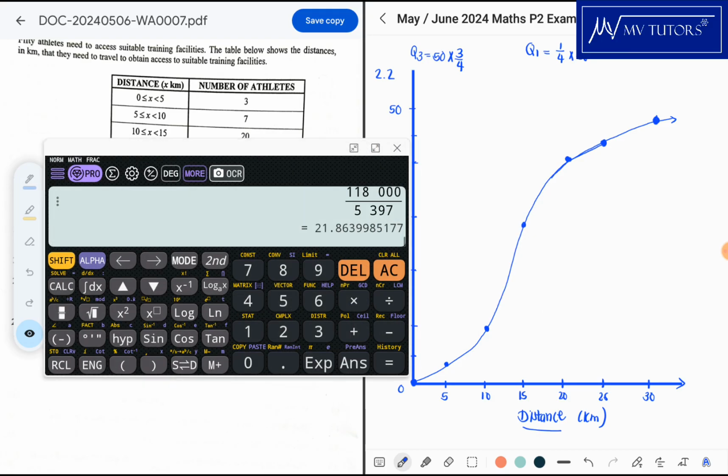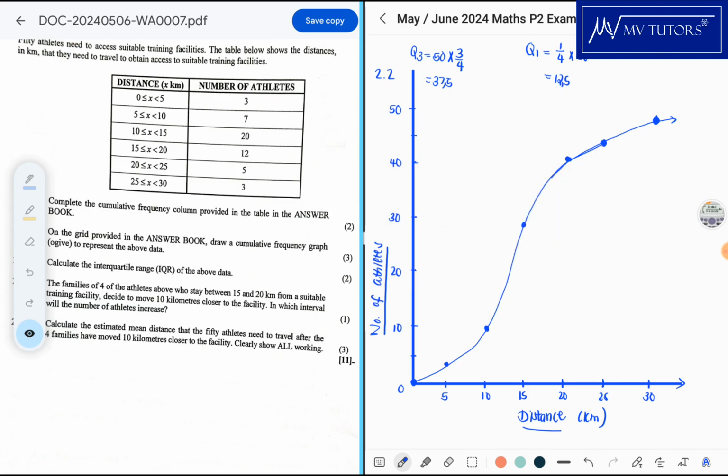Okay, so let's just work that out. 0.75 times 50 is 37 and a half, and a quarter times 50 is going to be 12 and a half.